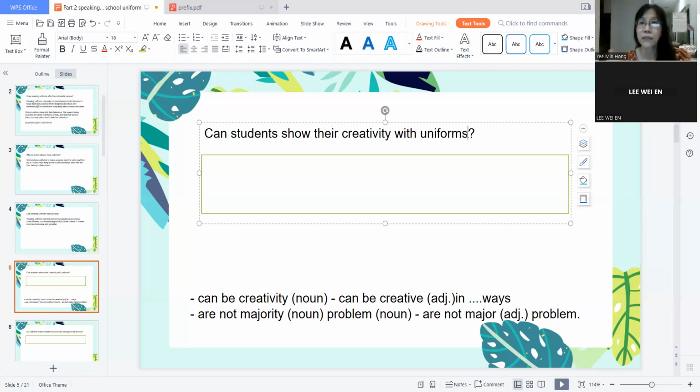But for creativity, you have different groups of people: prefects, school librarians, boys' brigade, girls' brigade, and they have different uniforms. But everyone within the same group is still wearing the same thing, so everyone looks the same within that group. So I do not think that is creativity; rather, it is a way to show they belong to that particular group. So for that answer, it would be best to answer this way.